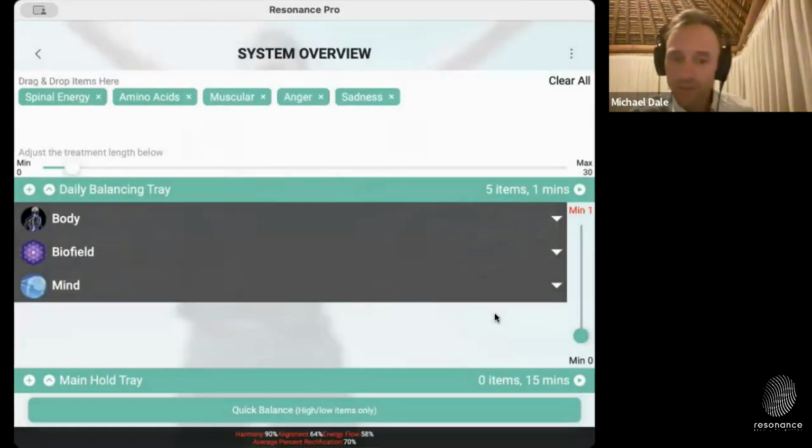Okay, so interesting. Our balancing is finished, and we've had a percentage change. We've got harmony 90%, that's the same. Alignment 64, energy flow 58, and we're still on 70% percentage rectification.